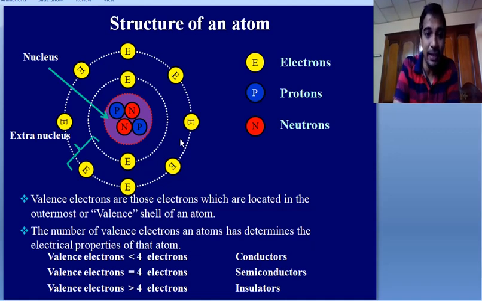In that case it is very difficult to detach valence electrons. Why do we want to detach these valence electrons? Yes, we want to pass the charge, meaning electricity. If you pass the electricity, we can do some work.